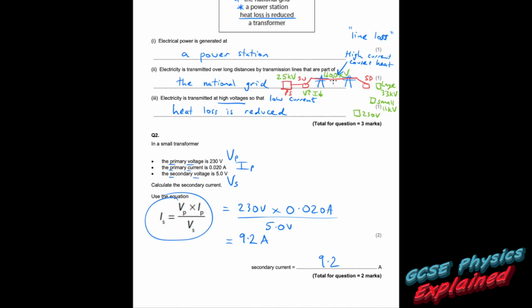So make sure you know these voltages, just in case they ask you about that. And actually there'd be more step-down transformers here. So if they asked you to label them, remember any transformers at the start will be step-up transformers, and any transformers at the end will be step-down transformers.